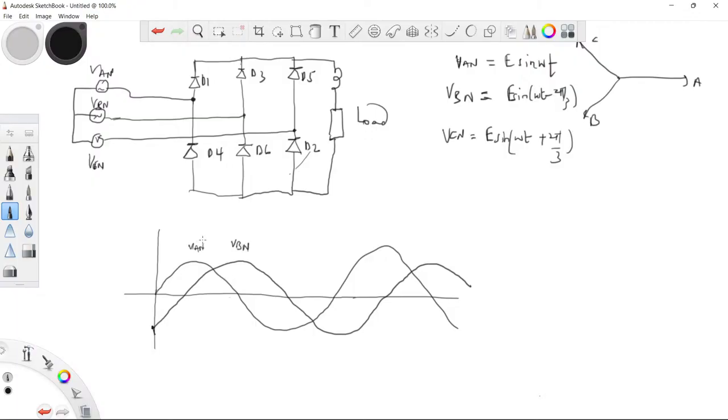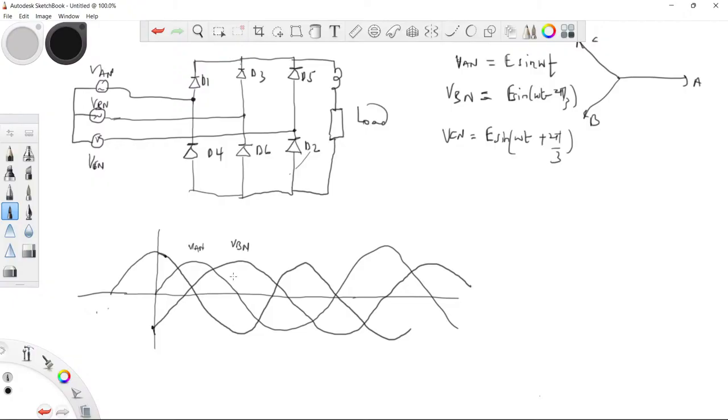Now VCN leads this one by this angle here, 120 degrees. So that one comes like this, which is its maximum here. Then it comes down like this, then it goes up like this, then it comes down like this again. So these are the waves.